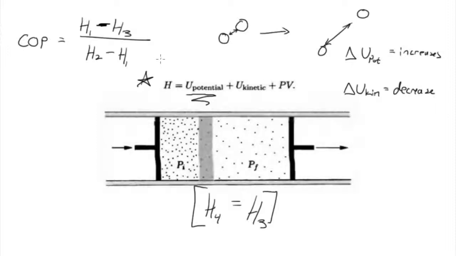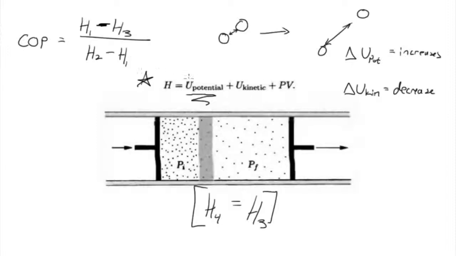So our coefficient of performance is just the enthalpy right before our compressor minus the enthalpy right before our throttle, over the enthalpy right before the condenser, and minus H1 again. And I'm going to pass it off to Will, and he's going to talk about some of the more advanced and application parts of the chapter.